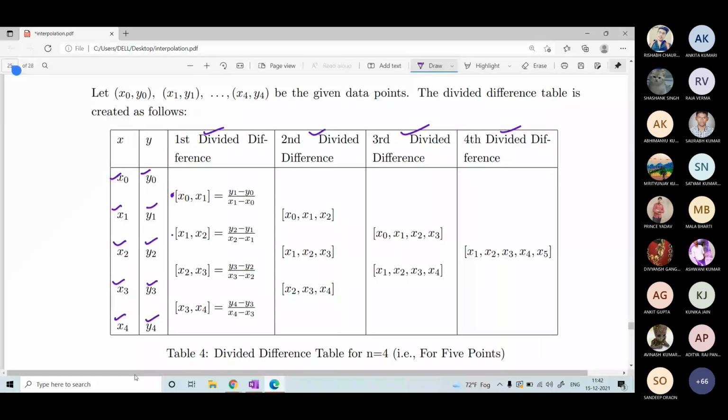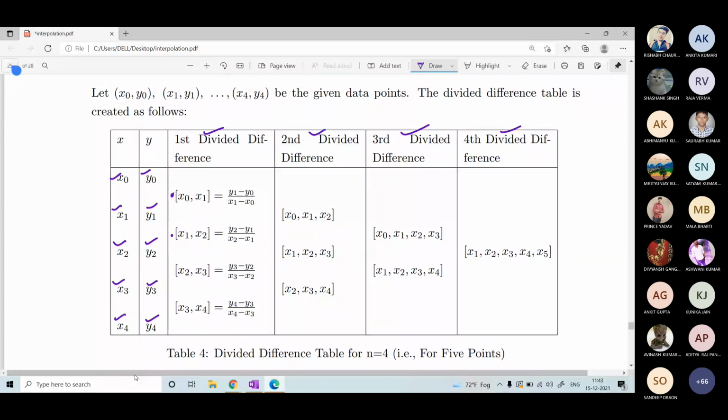The second element in that column will be the divided difference of x1, x2, which is y2 minus y1 by x2 minus x1, and so on for the remaining elements. Similarly, elements of the second, third, and fourth order divided differences will be written in their columns. How many elements there are and what the highest order divided difference will be depends on the nature of the data and the number of data points.